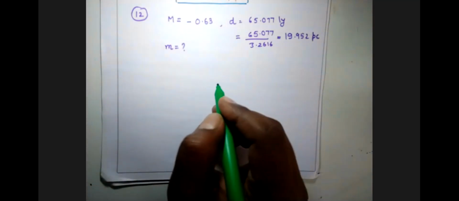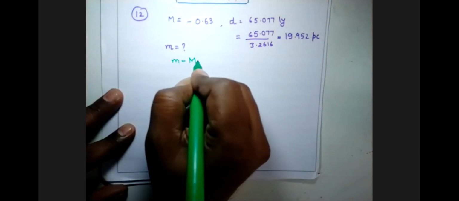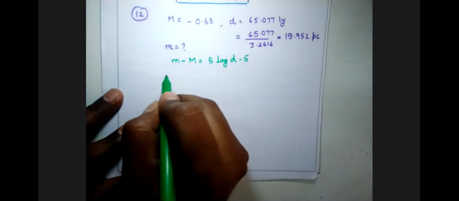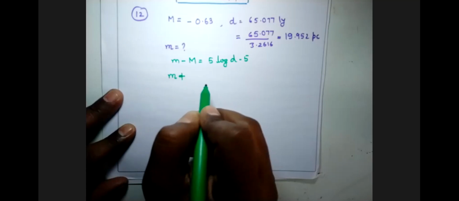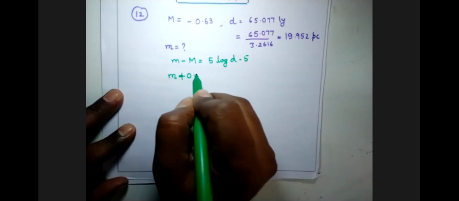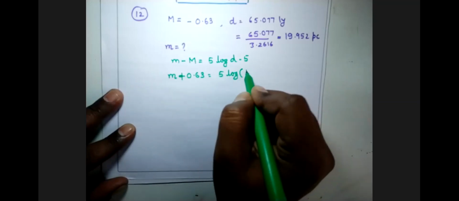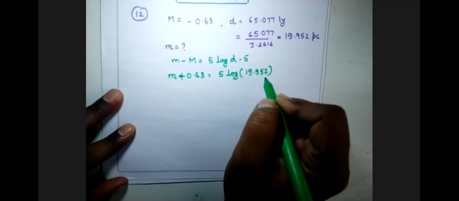The formula we already know from the previous problem. Small m minus capital M is equal to 5 log D minus 5. So substituting the values, m minus of minus, it becomes plus 0.63. This is equal to 5 log of D in parsec, already we calculated, 19.952 minus 5.